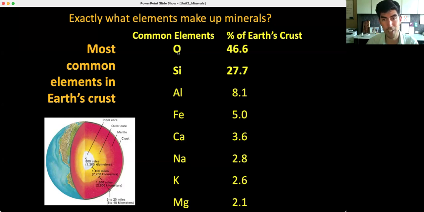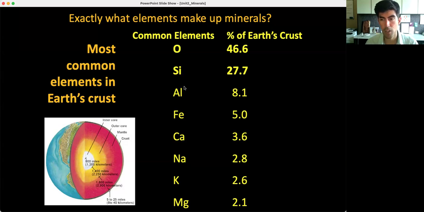These are oxygen and silicon, referenced by the symbols O and Si. 75% of all of Earth's crust is those two elements.